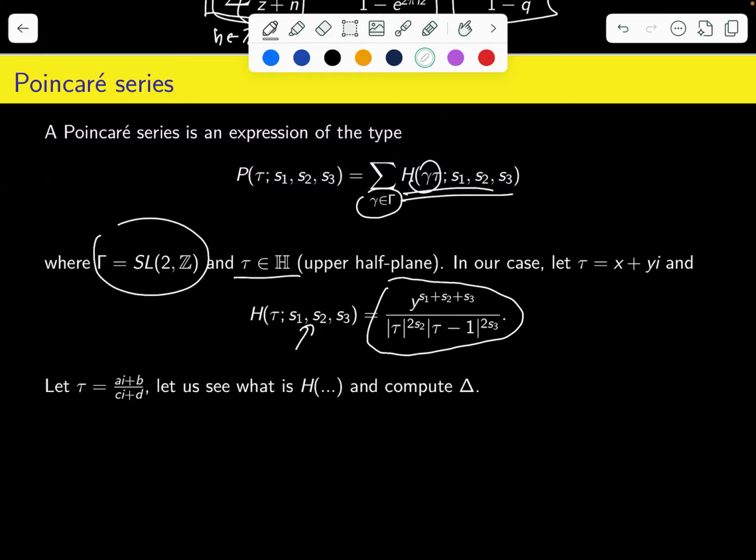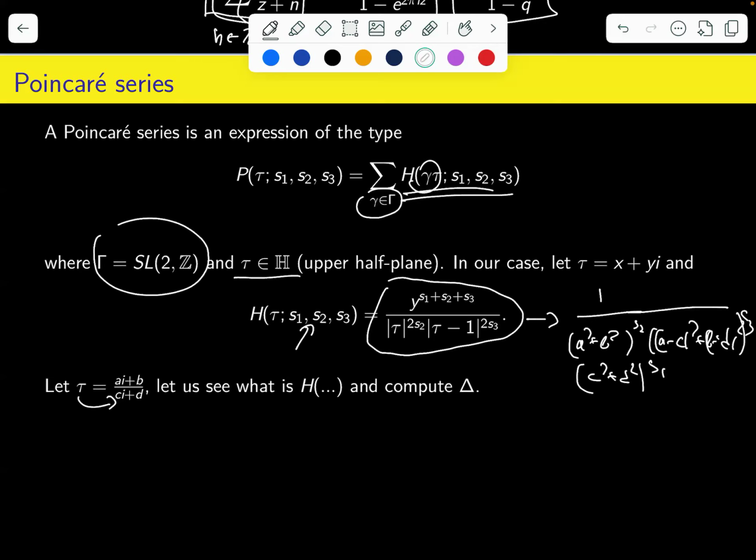So if you put here tau equals (Ai plus B) over (Ci plus D), then these things become just 1 divided by (A squared plus B squared) to the power C2, times (A minus C) squared plus (B minus D) squared to the power C3, and times (C squared plus D squared) to the power C1. So in this case, it will be just 1 divided by x squared, y squared, (x minus y) squared. So actually, it's again the same expression.